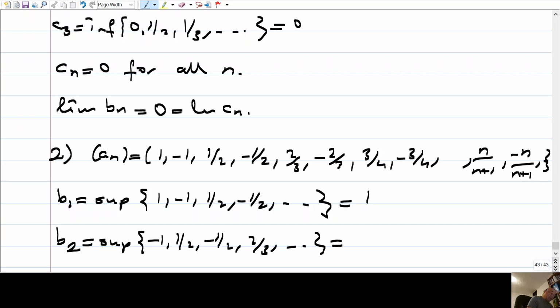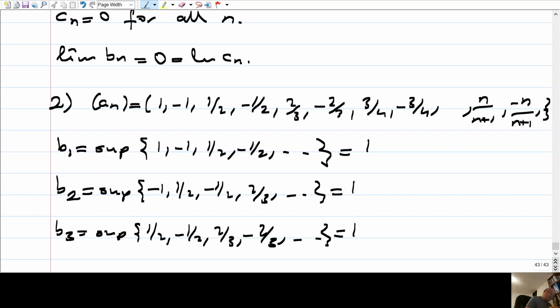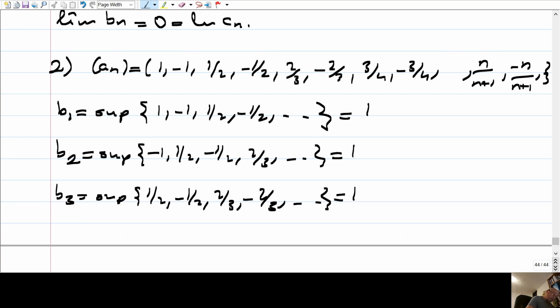Therefore, the supremum will be 1. B3 will be the supremum of 1 over 2 minus 1 over 2, 2 over 3 minus 2 over 3, and so on. The supremum is again 1. And you see that Bn is just a constant: the constant sequence 1, 1, 1, 1.